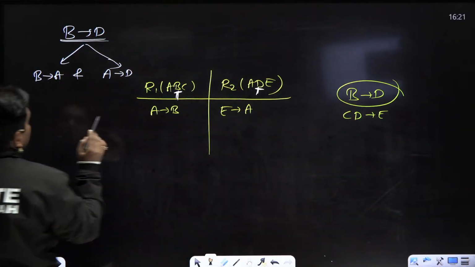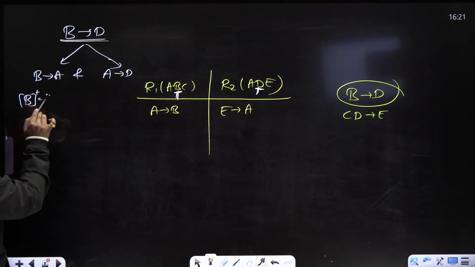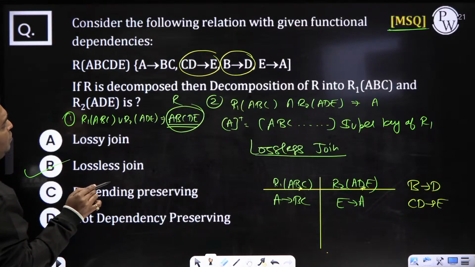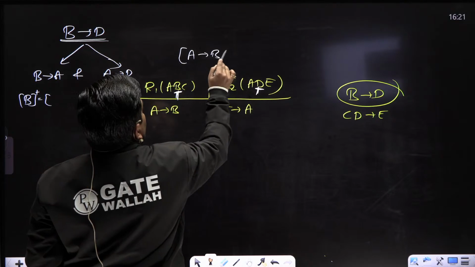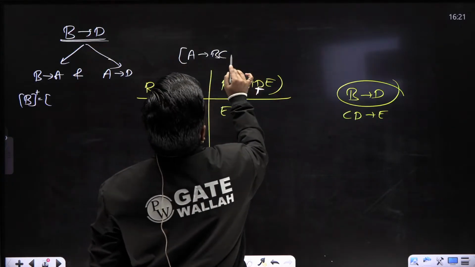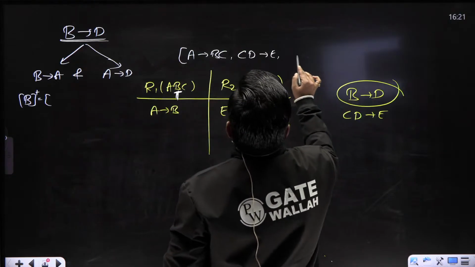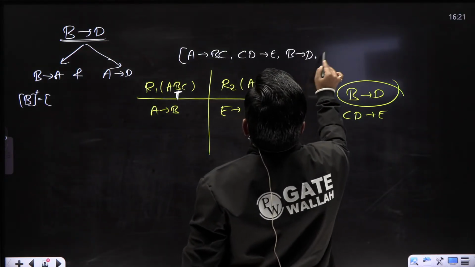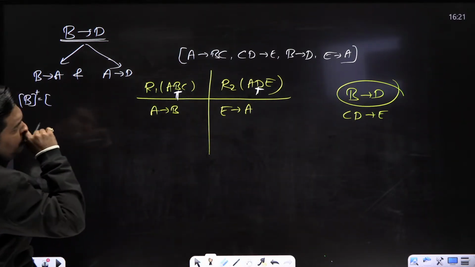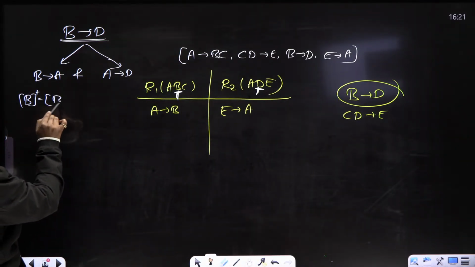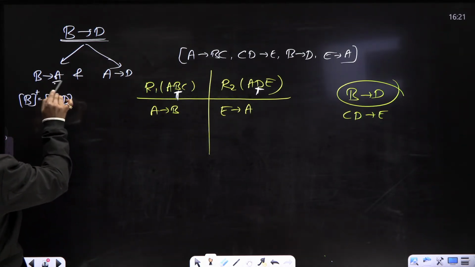For that we have to take the closure of B, using the FDs A tends to BC, CD tends to E, B tends to D, E tends to A. When you take the closure of B, you get B and D only. You are not getting A.